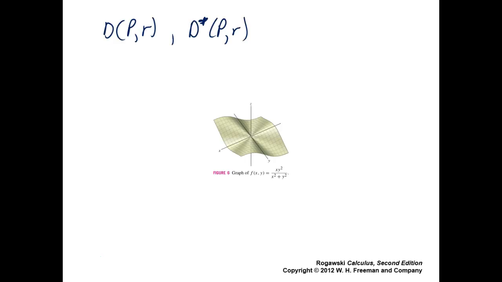Okay, yeah. The D star does not include the point P. D does include the point P. That's basically it in a nutshell.